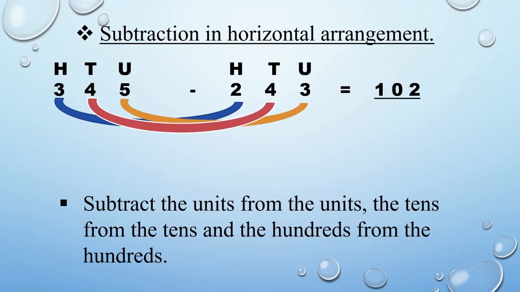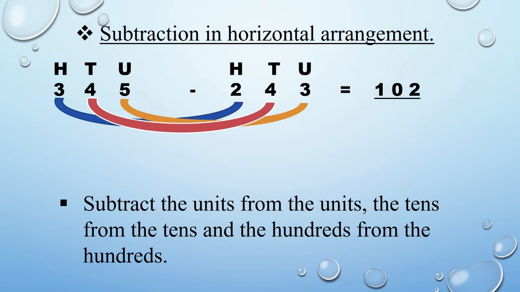Students, now here subtraction in horizontal arrangement means subtract the units from the units, the tens from the tens and the hundreds from the hundreds. Student, you have to subtract here from the units, means 5 units minus 3 units is 2 units.